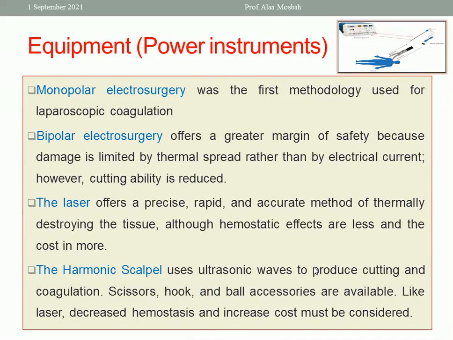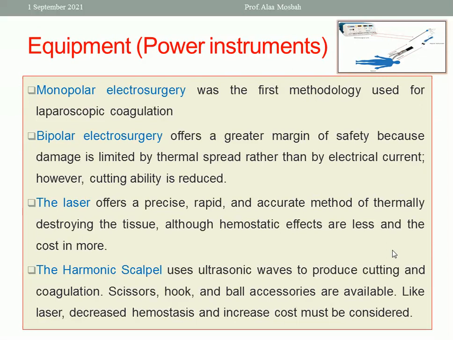However, cutting ability is reduced, while the cutting ability of monopolar is much better. As you see in this picture, this is the bipolar. The laser offers a precise, rapid, and accurate method of thermally destroying tissue, although hemostatic effects are less and the cost is more.